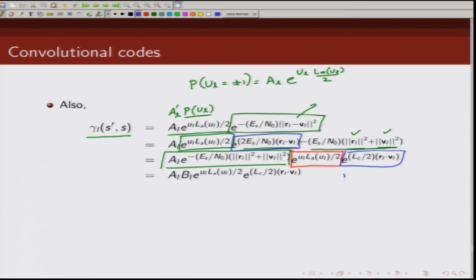Please note, L_c is 4 times E_s by N_0. That is why we are writing it as e raised to the power L_c by 2 times the dot product between r and v_l. So then we can just simplify this expression as some constant terms multiplied by this a priori term, and this is a term which depends on the received channel values.